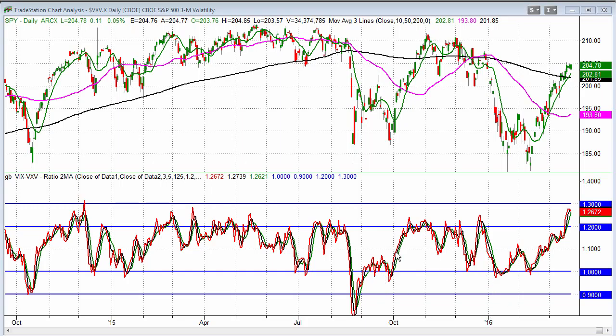So the indicator that you're looking at the bottom of my chart here is a representation of market volatility as expressed by the VIX and the VXV. So I call it here the VIX and VXV ratio. And what we're doing is we're dividing the VIX, which is a 1 month measure of volatility, by the VXV, which is a 3 month measure of volatility.